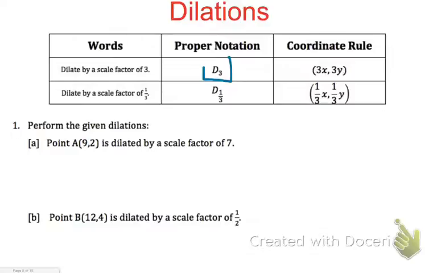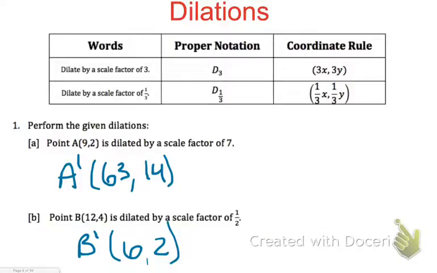You can also have this capital D, and the smaller number that's with it is the scale factor. And we have our coordinate rule, which is what we just looked at, that you are multiplying each X and each Y in your coordinate for your pre-image to get to your new image. So take a moment to practice on page 1 by multiplying each point by the given scale factor.